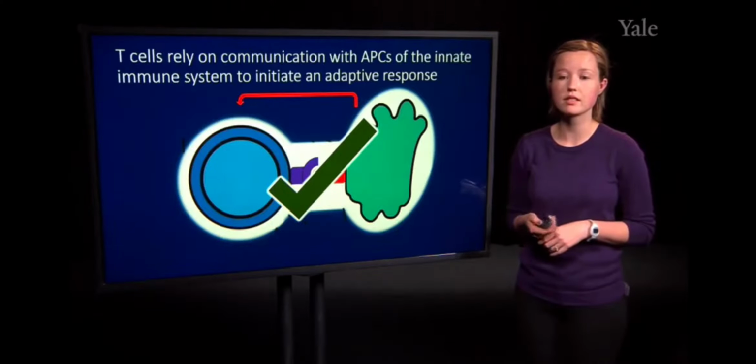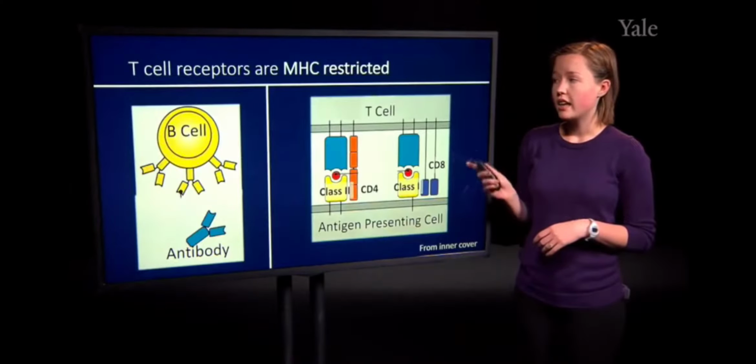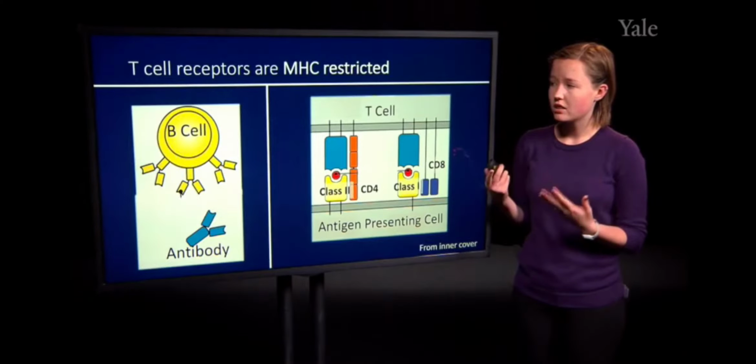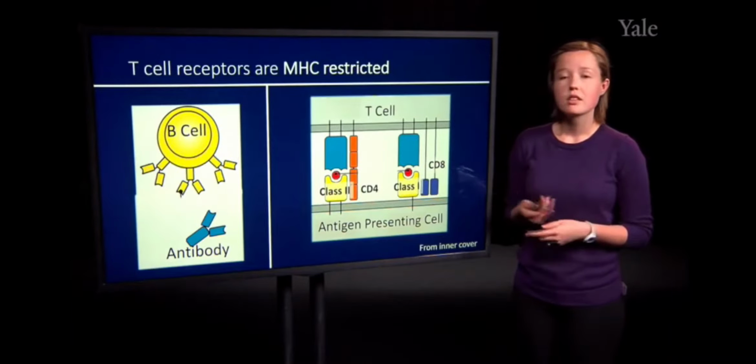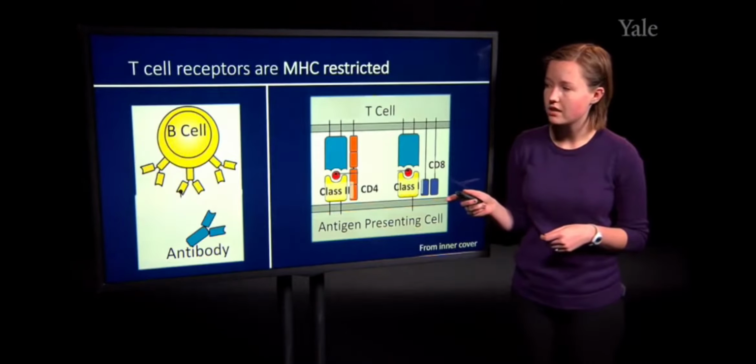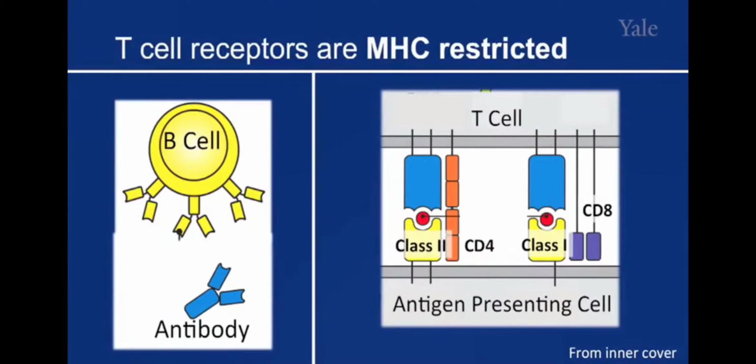And so this brings into question the difference between B and T cell antigen recognition. B cell receptors actually will interact with native antigens, so they do not interact with MHC at all, and they will just see their antigen floating around and interact with it through their B cell receptor.